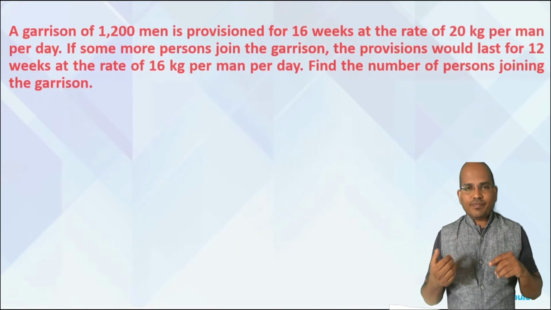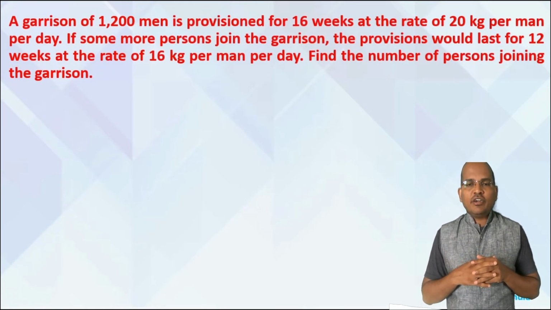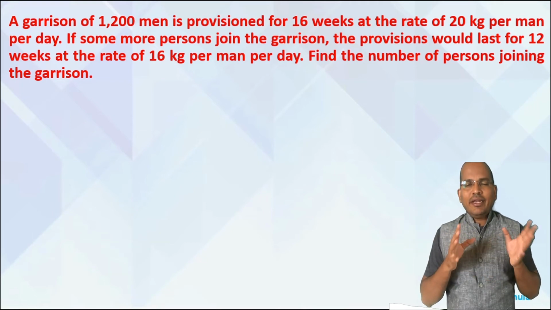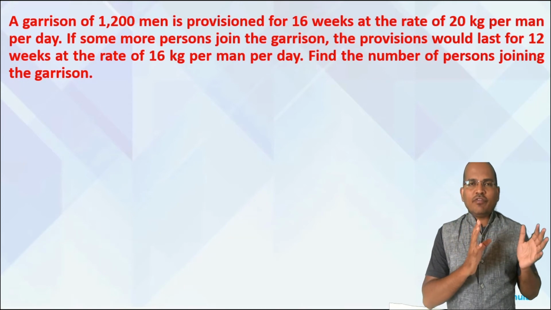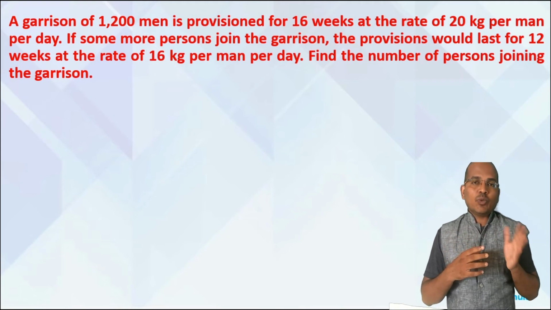In the next example, a garrison of 1200 men is provisioned for 16 weeks at a rate of 20 kg per man per day. What is a garrison? A place where you have a pool of people, and it has some 1200 men, and there is some food, and that food is sufficient for 16 weeks at a rate where a person needs 20 kgs per day.